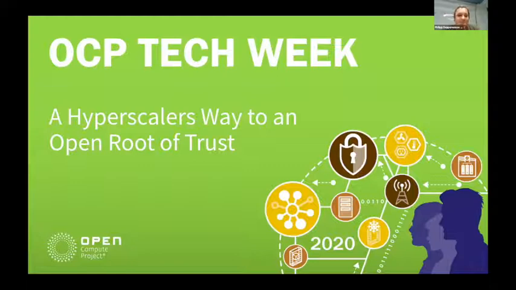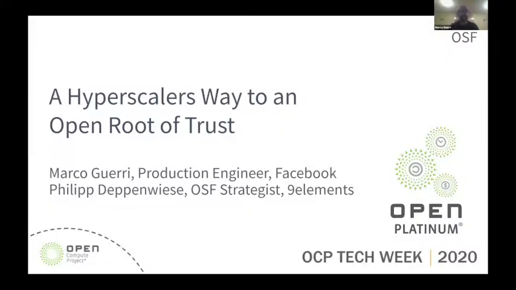Okay, awesome. So today we want to discuss how opening the chain of trust all the way up to the root of trust actually can bring benefits not only for security, but also in terms of reliability and operations, especially when thinking about large-scale deployments.